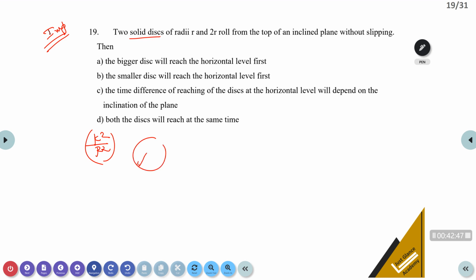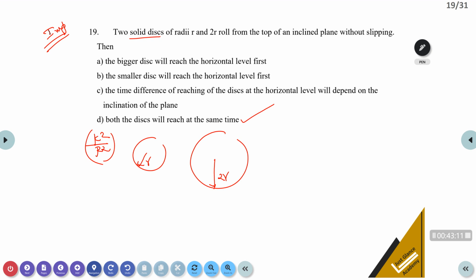One radius is R and another radius is 2R. Don't think that there are different timings. No, the bigger disk will not reach the horizontal level first. Both disks will reach at the same time, students.